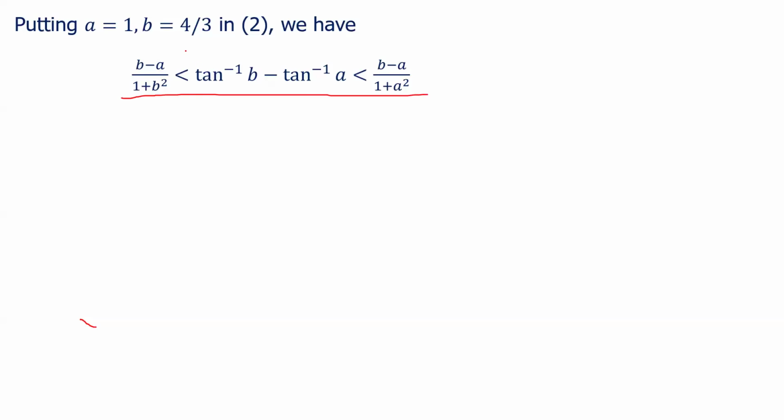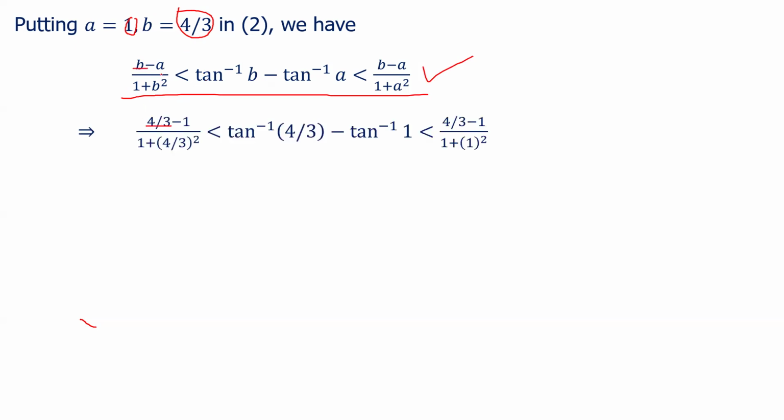We want to put B equal to 4 by 3 and A equal to 1 in this expression. So what will happen? B is 4 by 3, A is 1: 4 by 3 minus 1 upon 1 plus 4 by 3 whole square, which is less than tan inverse of 4 by 3 minus tan inverse of 1, which is also less than 4 by 3 minus 1 upon 1 plus 1 whole square.